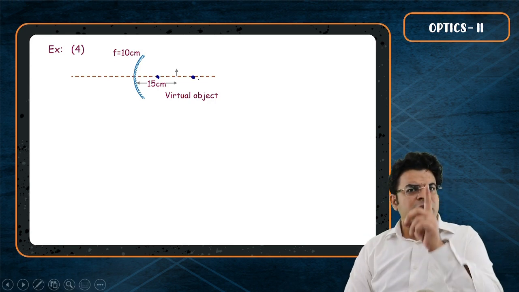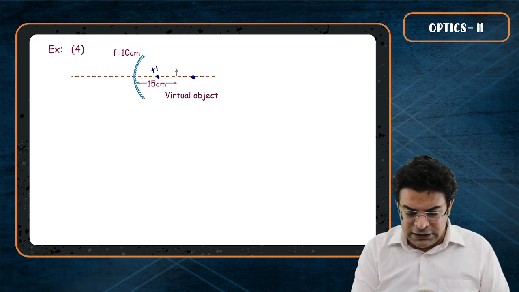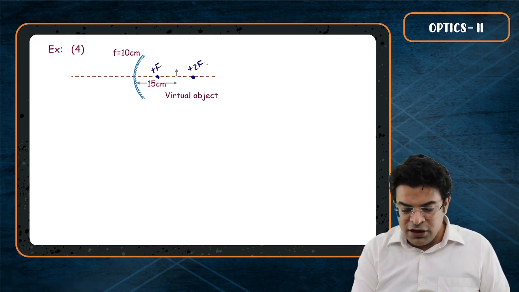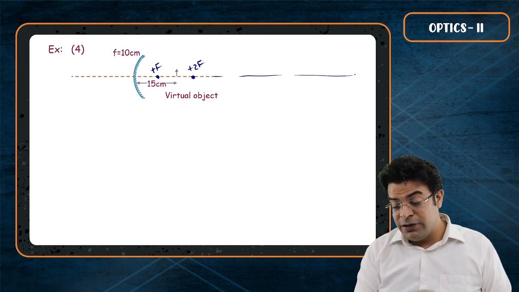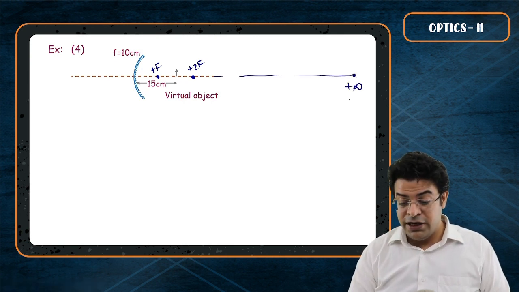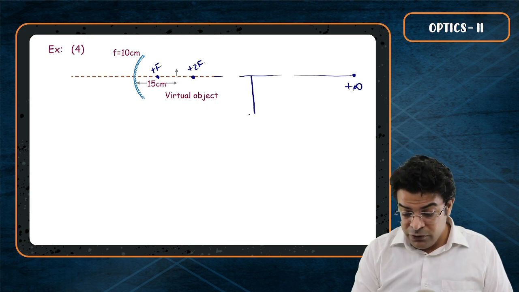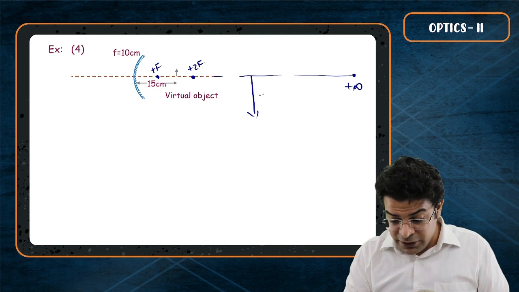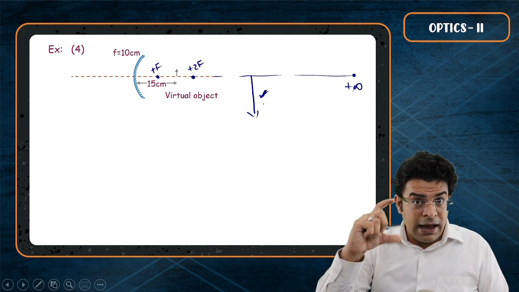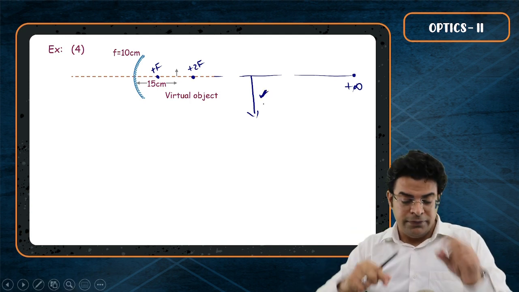If you have a virtual object placed between plus f and plus 2f, tell me where do you get the image? So we get the image between plus infinity and plus 2f. Since the object and image are on the same side, the image will be virtual, enlarged and inverted.